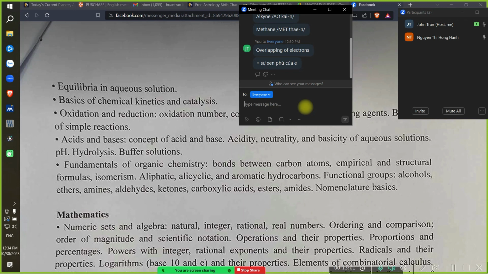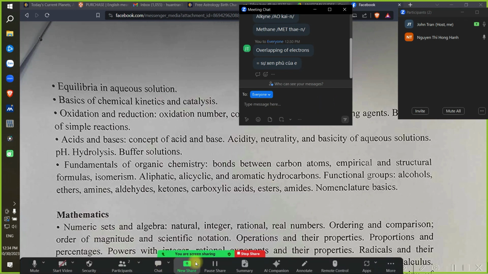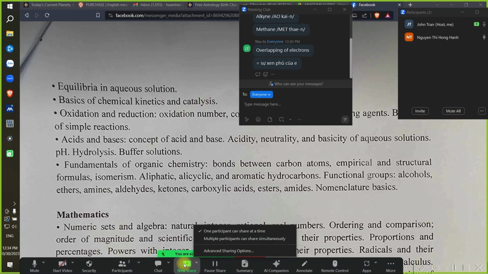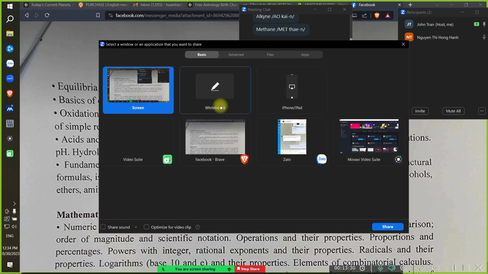Like they give me an example, C2H6, which is ethane, and the question is how to find the hybridization of the carbon in the center. Sure, I understand what you mean. Okay, whiteboard.